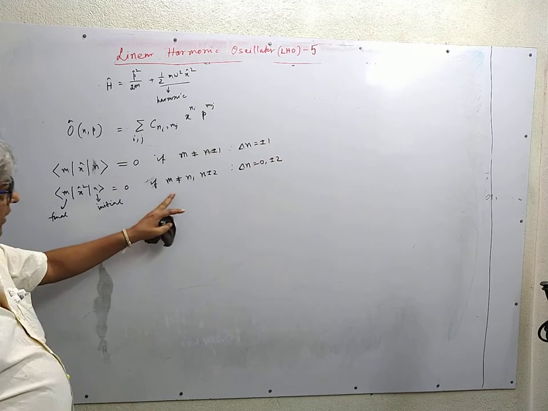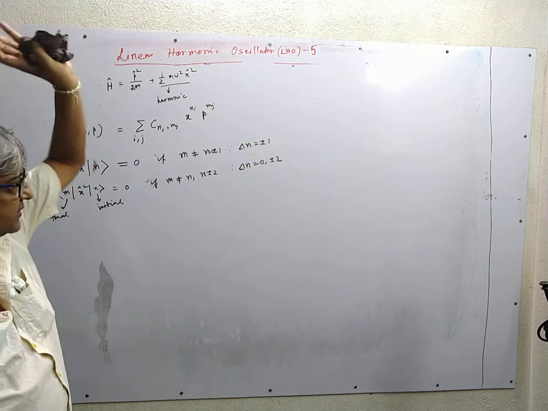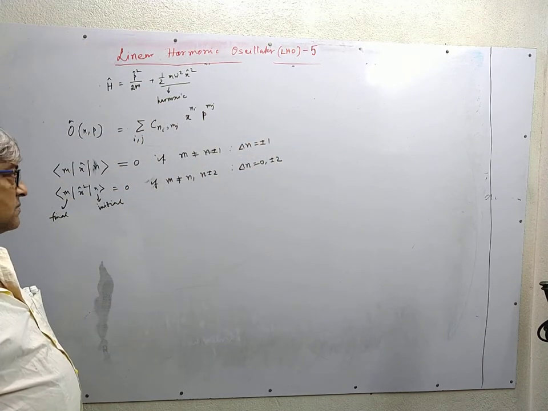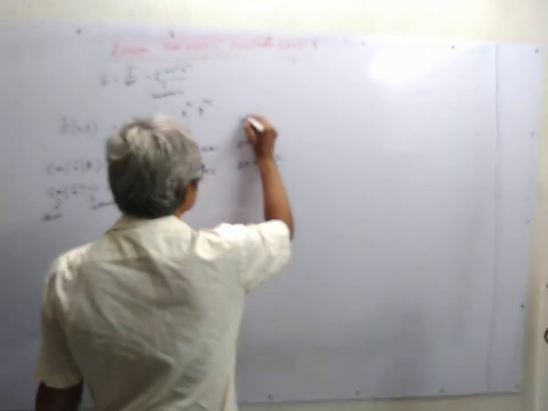If the final quantum number is related to the initial quantum number by this relation, then the transition is possible. So this is the selection rule.